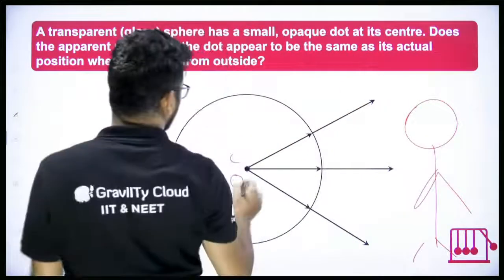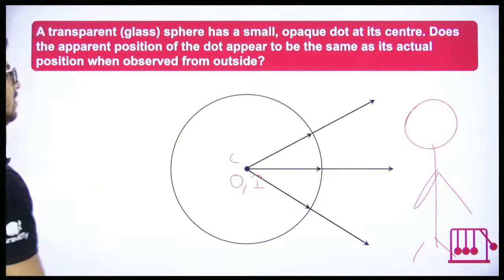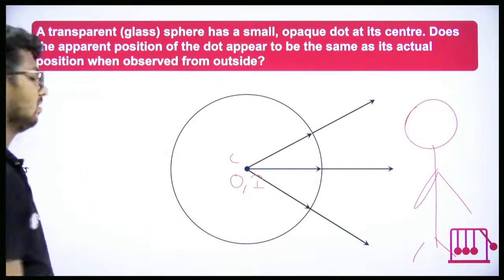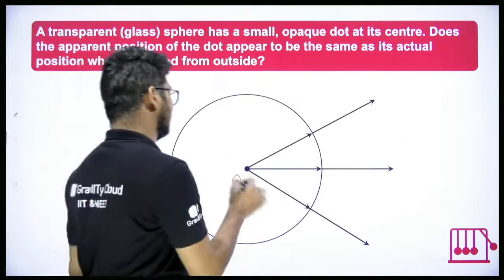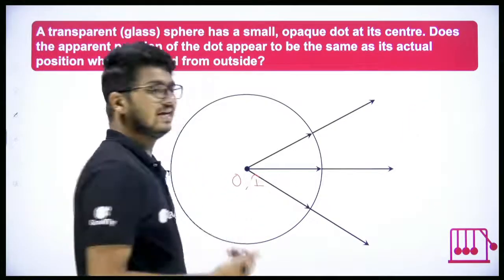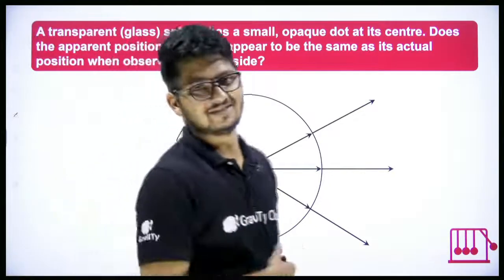That means the image should also be formed at the same point. Simple. So if the object is placed at the center, then the image will also be there itself because of normal incidence of the rays.